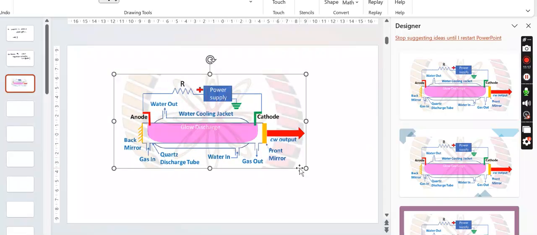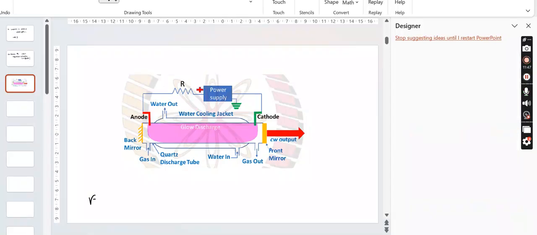We know that there are two ways of pumping, side pumping and end pumping, but here for CW operation at low pressure, end pumping is used. And as with many different gas lasers, the carbon dioxide laser is also electrically pumped.